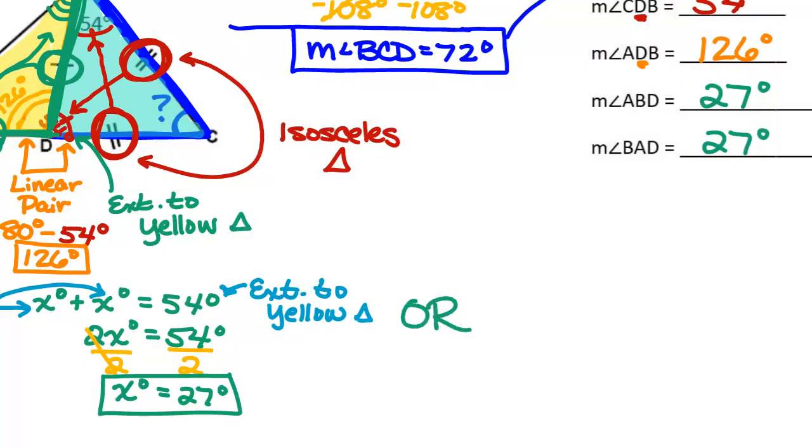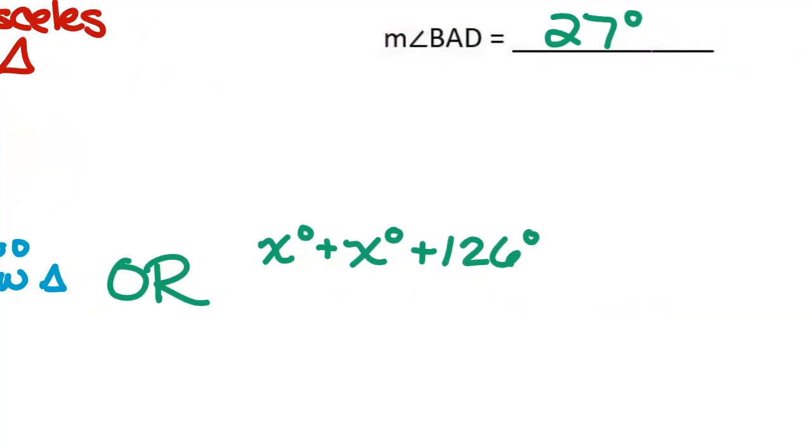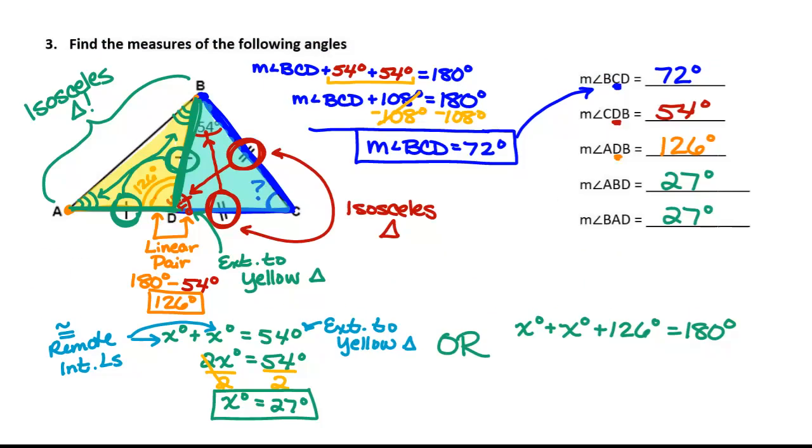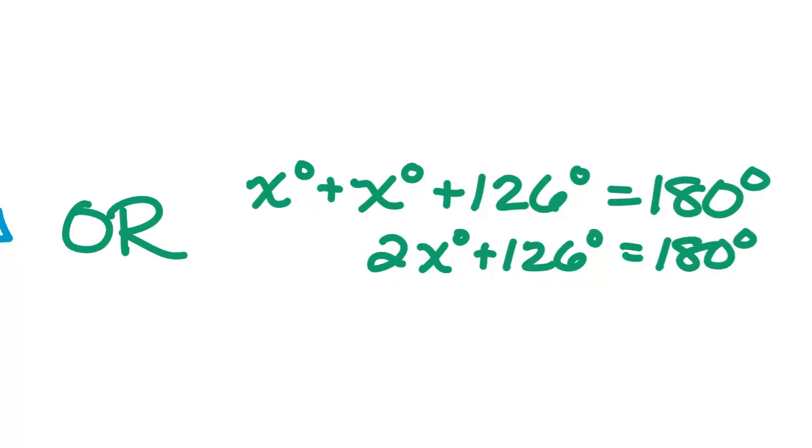So you could do it like that, or if you don't like the remote exterior angles theorem, you could do x plus x plus 126 degrees equals 180 degrees. That would give me 2x plus 126 equals 180. But notice what happens when we subtract 126 from both sides.